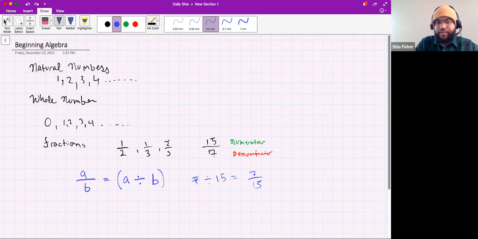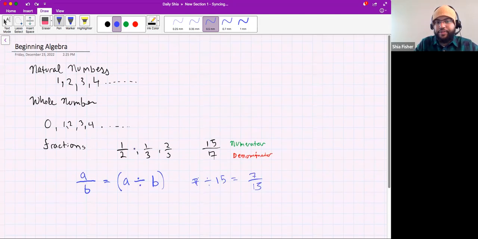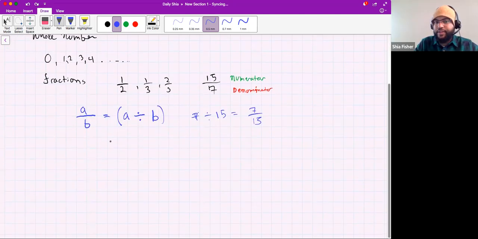So what are some other important terminologies that we're going to use? Let's continue down. There are things called proper fractions.